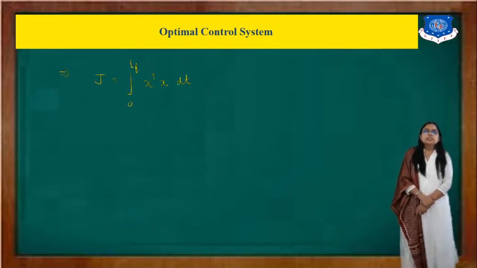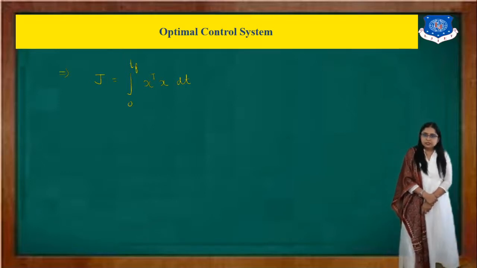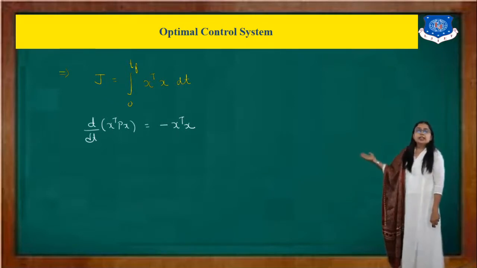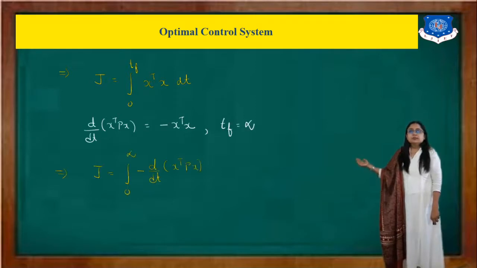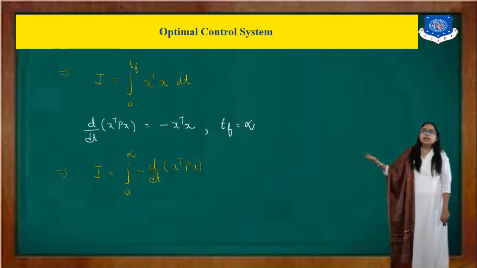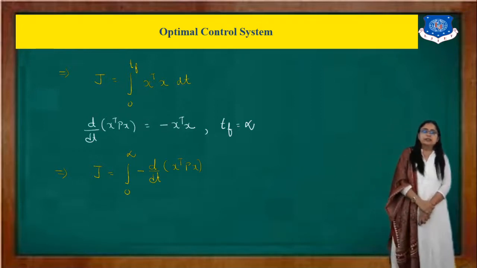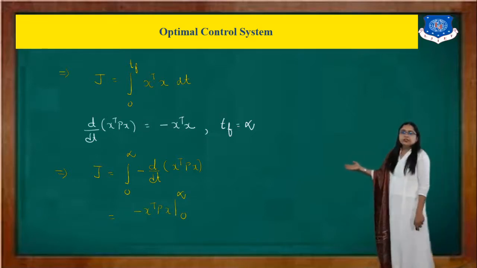Now next, see J equals the integral from 0 to tf of x transpose x dt. Now we know this condition, so x transpose x equals minus d by dt of x transpose P x. And we are interested in tf equal to infinity. Now if we integrate this, differentiation and integration will cancel out.